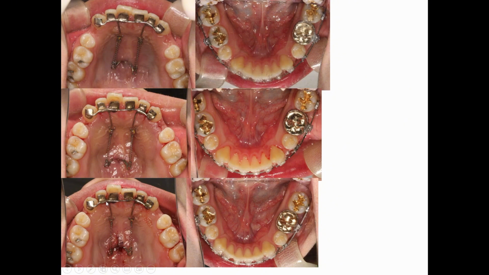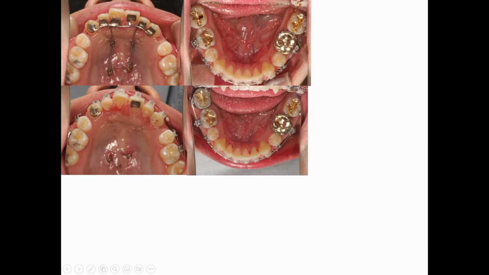So we can reinforce the weak area with rigorous tying, and then we can keep retraction. But in this situation, it's separate. So the doctor started fixed more earlier.